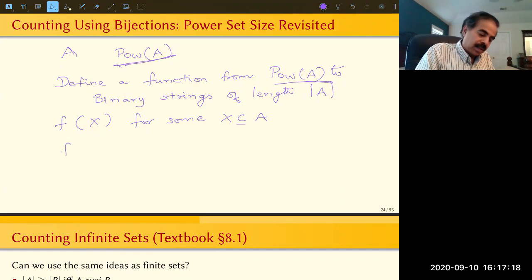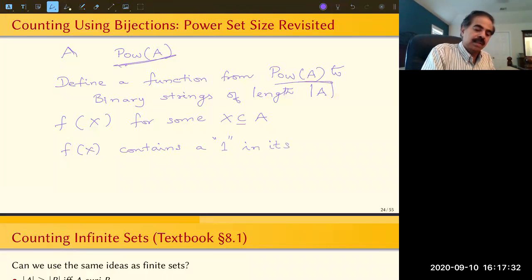Okay, and we have this mapping which basically says that f of x contains a 1 in its ith position, right? If and only if the ith element is in x.